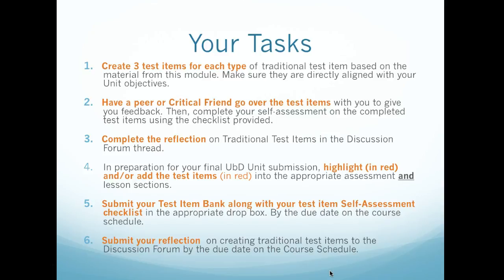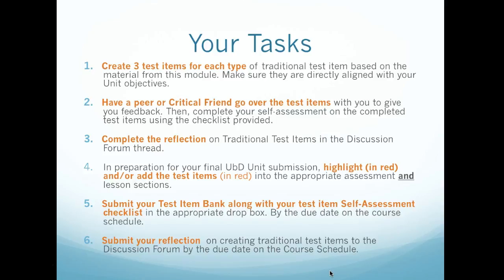The Taylor and Nolan chapter will help you immensely, and the material in Module 11 will help you immensely in your reading, so please go over the Module 11 readings, materials, and visuals, videos, and so forth. So your task is to create 3 test items for each type of traditional test item based on the material from the module.